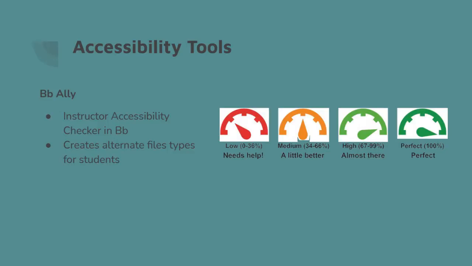By not accessible in this context, it means that a screen reader or any assistive technology or a keyboard cannot navigate it in the proper way. When you click on that icon, you can open up a menu that lists everything that's wrong with it, and it will give you instructions on how to fix it. So Blackboard Ally is a great first checker for you.